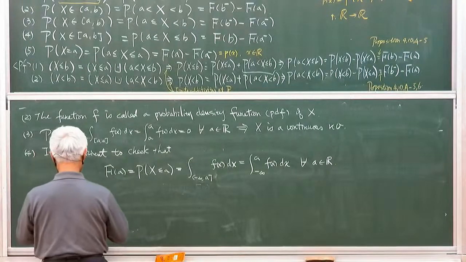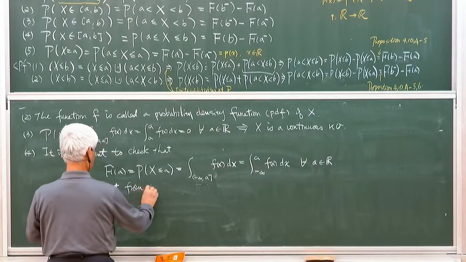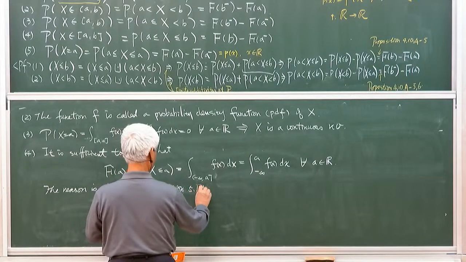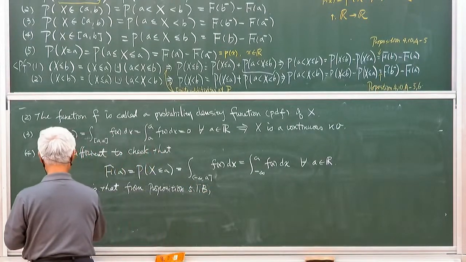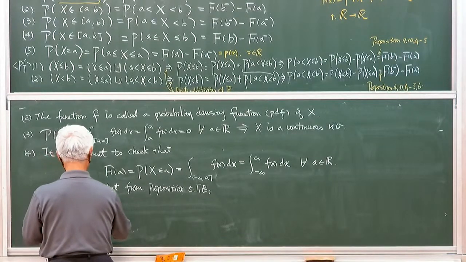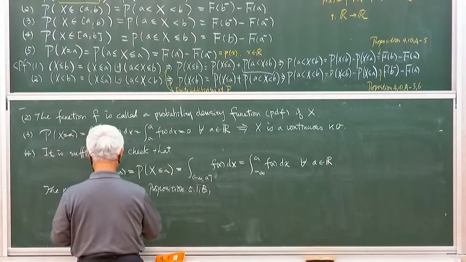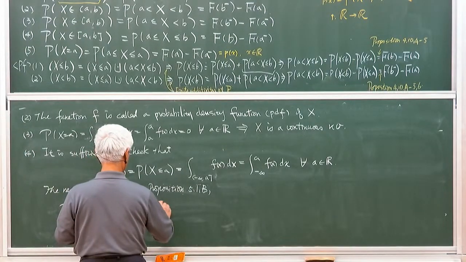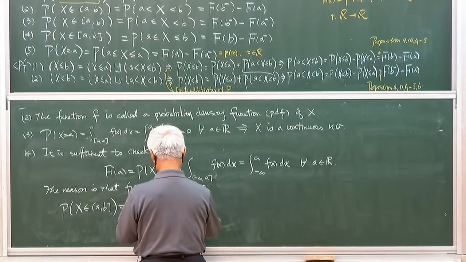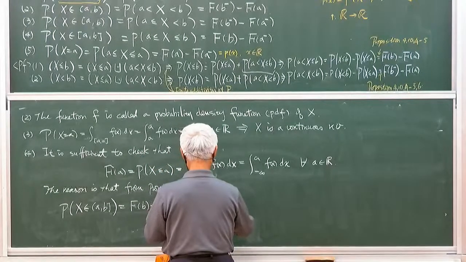So the reason is that from proposition 5.1 (1b), we know that the probability that X has value in this half-open half-closed interval (a,b] is F(b) minus F(a).